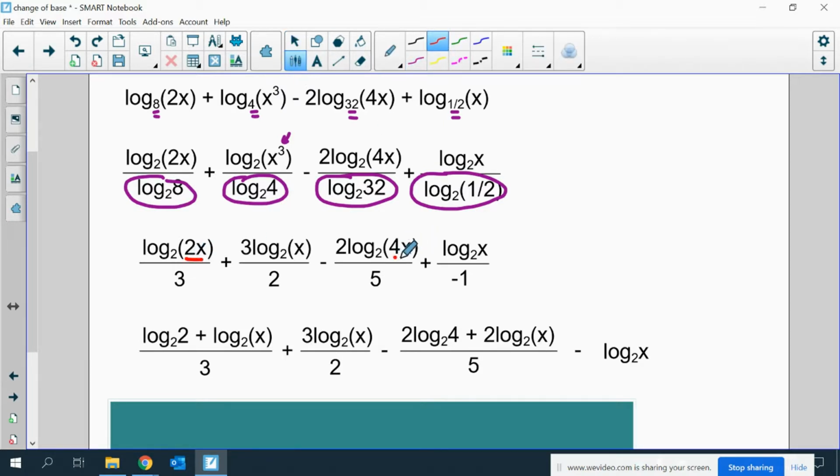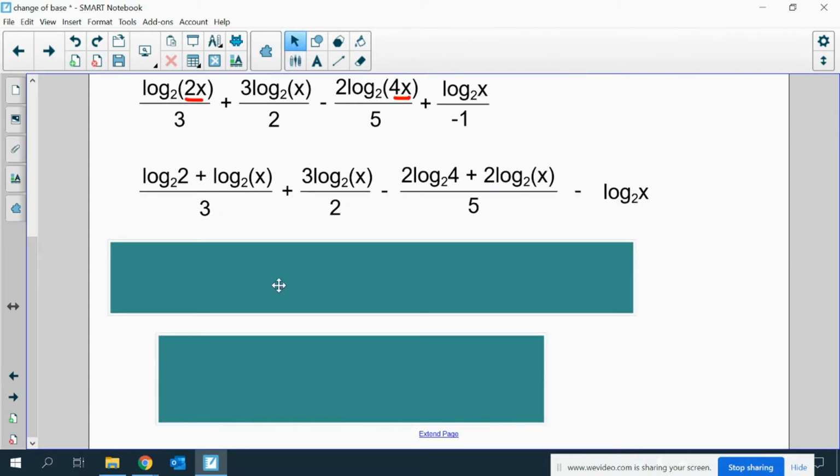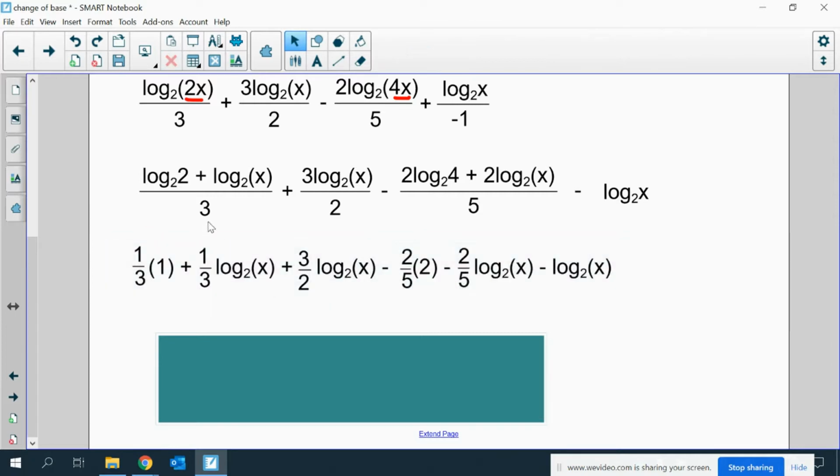So this 2x and this 4x, I can expand, because if I have multiplication on the inside of a log, multiplication in the argument, I can rewrite it with a plus sign on the outside as a coefficient. And then the last thing I'm going to do is rewrite these just to make it a little bit easier to add. So I'm going to take all of these coefficients that have denominators and rewrite them as fractions that make it easier to add.